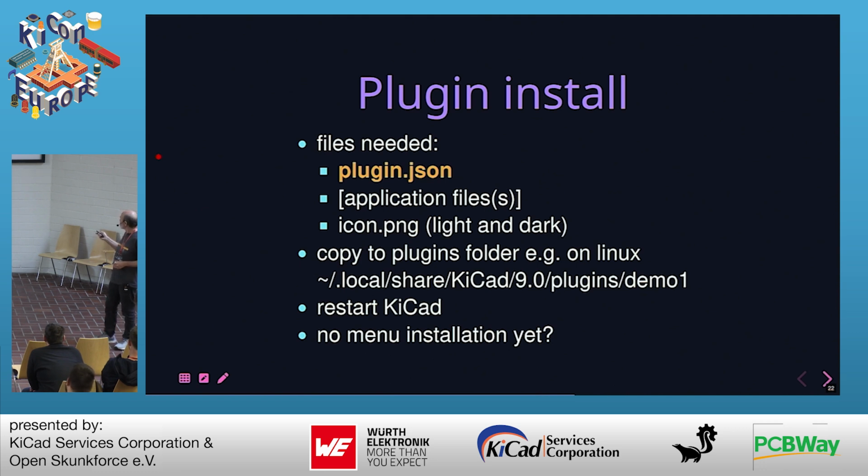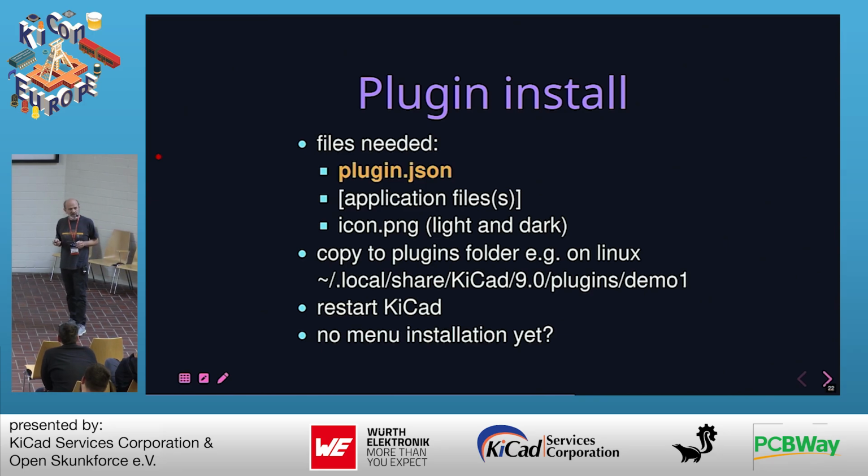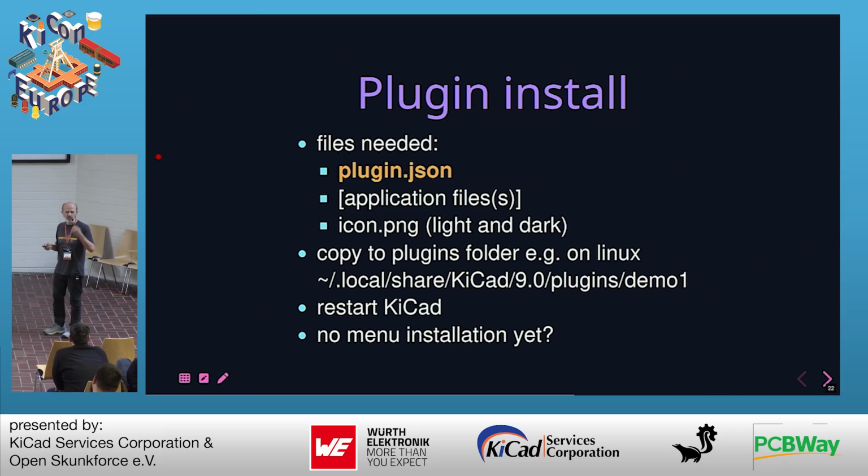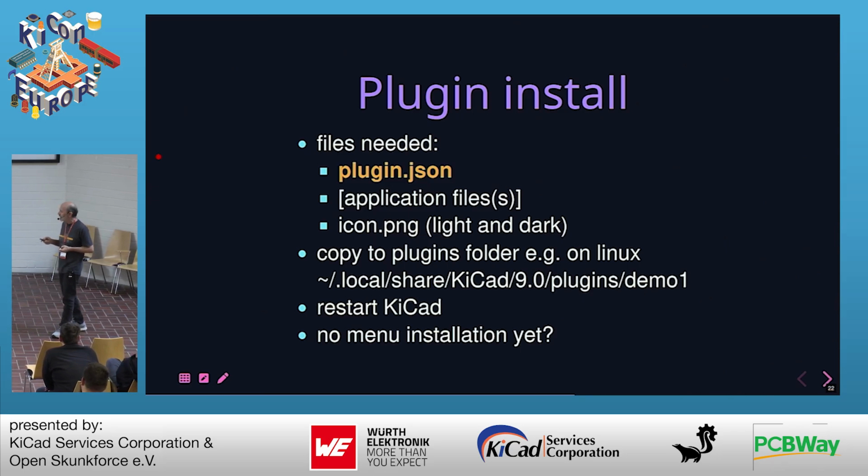You have a unique plugin name. So inside this local share KiCad plugins folder, you actually create a new folder. So all files should be in this folder. You have to restart KiCad, and when KiCad starts up, it will check in that folder if there is a new file, and it will install it for you. Okay.